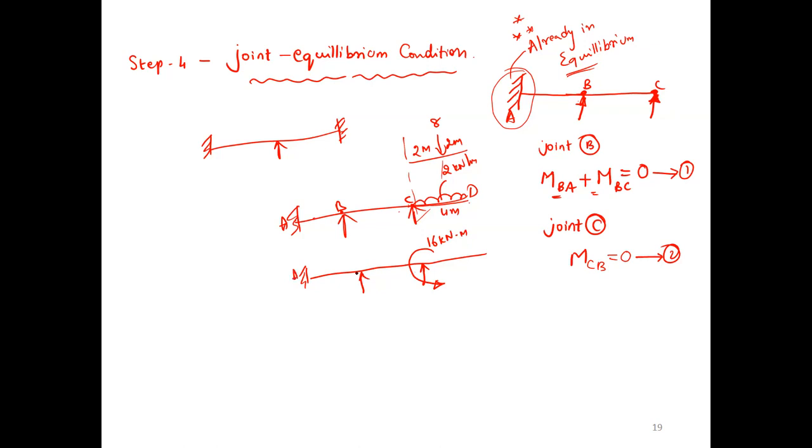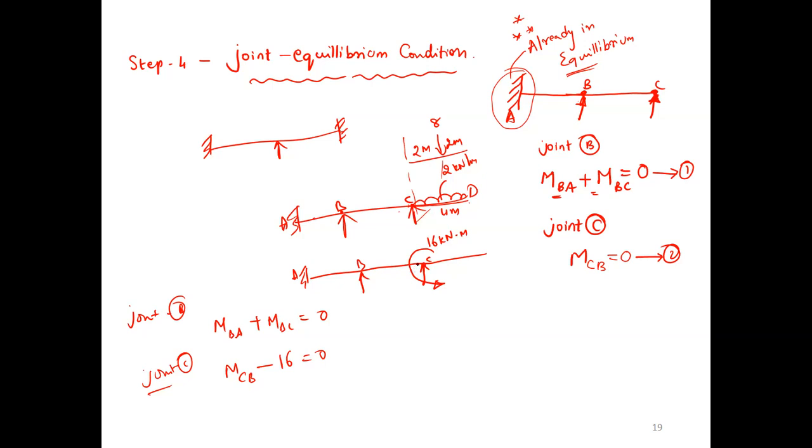Now observe: the joint equilibrium condition for this structure is at joint B, MBA plus MBC equals 0. At joint C, this is very, very important, you may get it in MCQ: MCB minus 16 equals 0. At joint C, the overhang is already converted into moment.